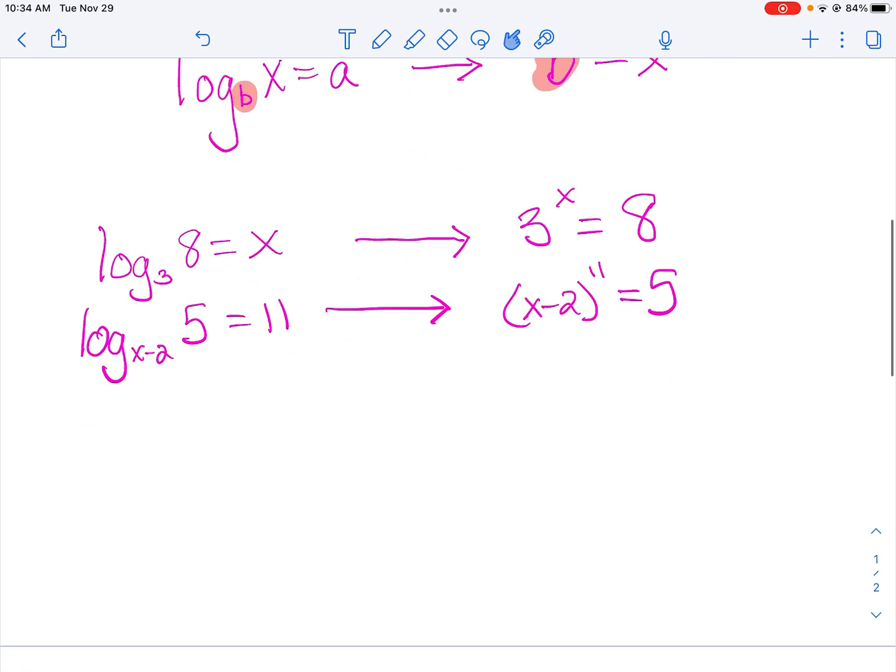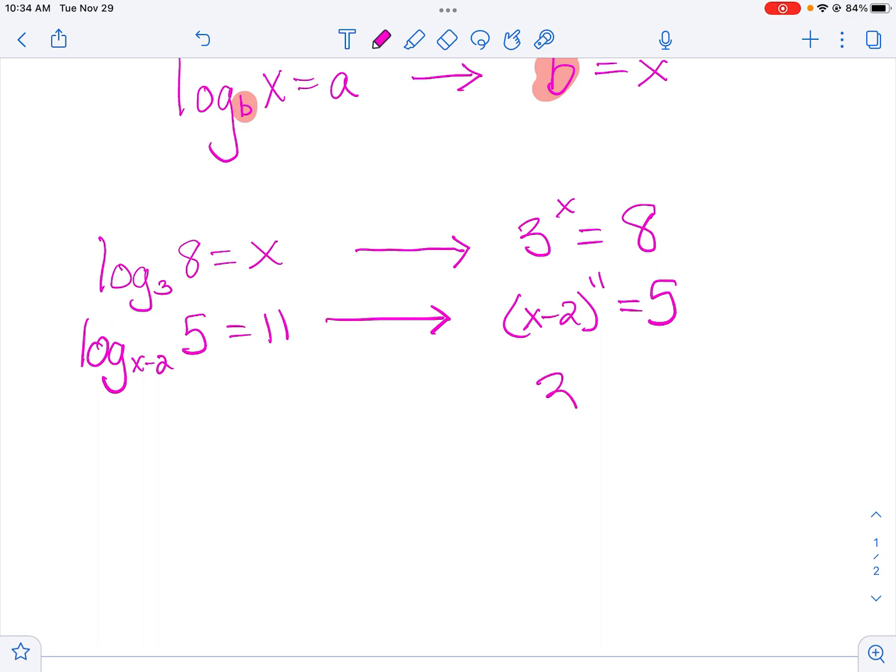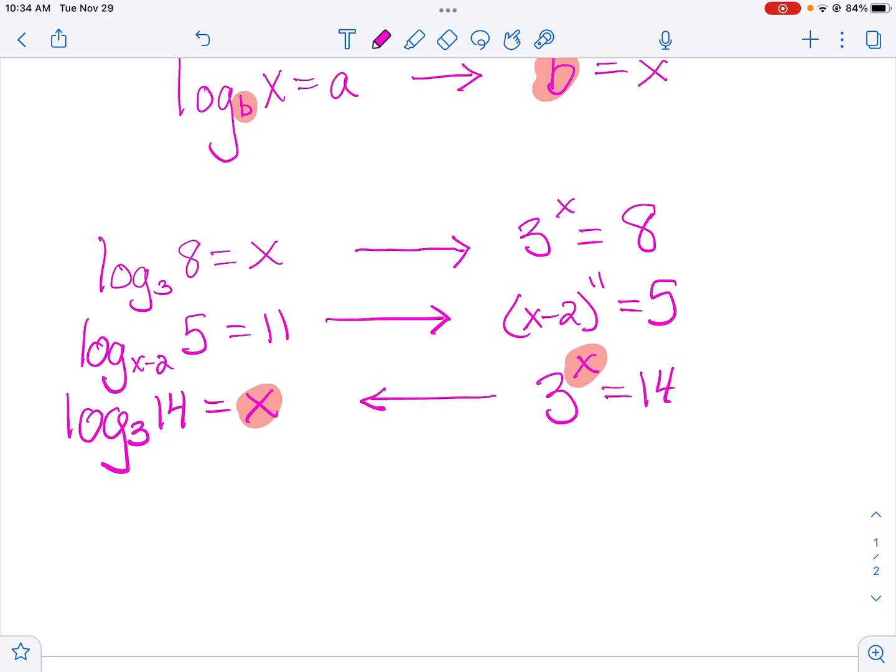Now we can go the other way as well. If I had 3 to the x equals 14, going the other way, that would be log, our base is 3, of 14 equals x. Do you see what I mean? How it solves for the exponent? So our exponent is here, and it solves for it on one side.